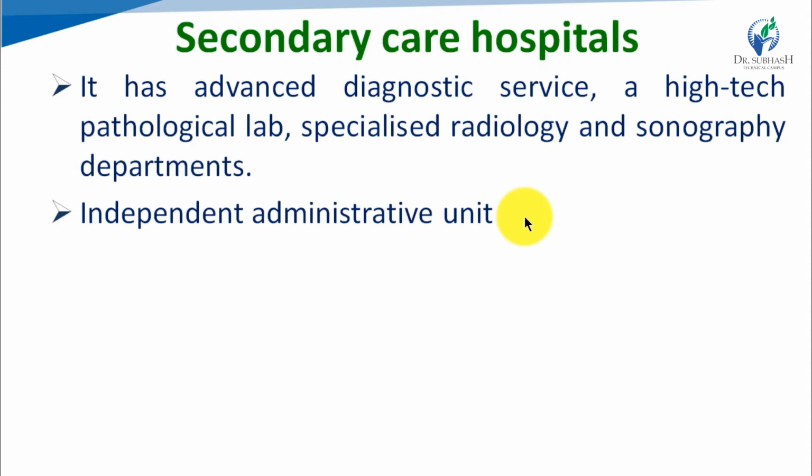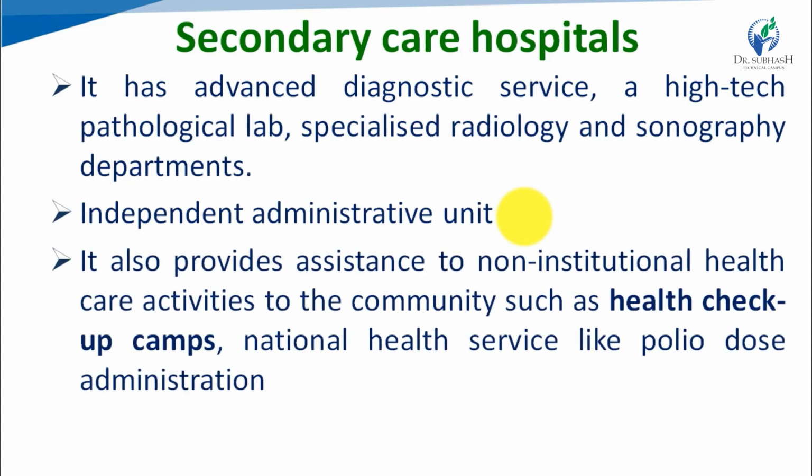Then it also provides assistance to non-institutional healthcare activity for the community, such as health checkup camps. Secondary care hospitals should organize health checkup camps. National health services, they should play a role in health services like polio dose administration.